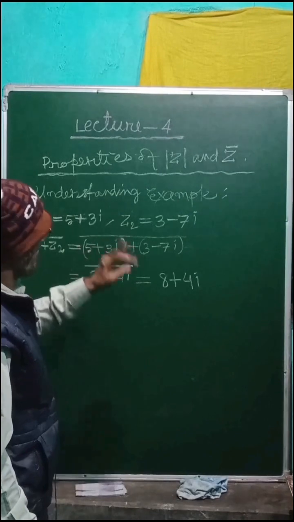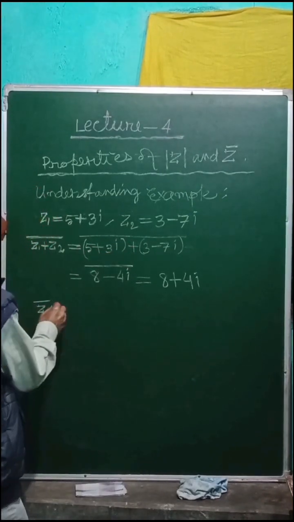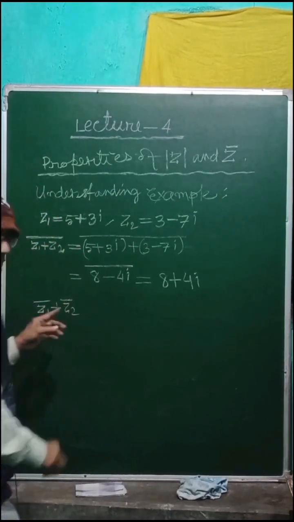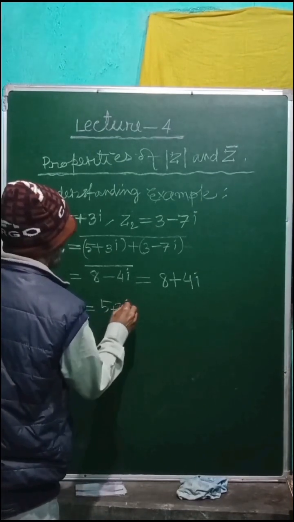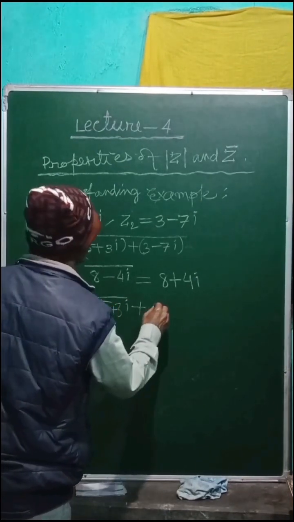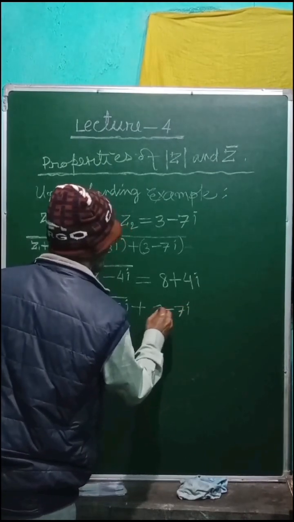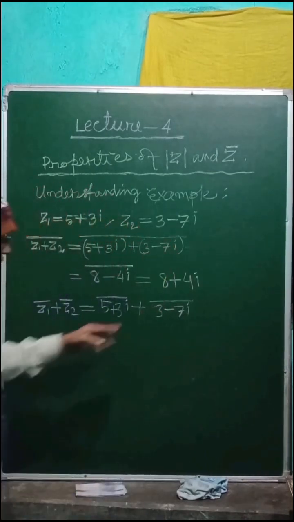Now let us see individually. Conjugate of z1 plus conjugate of z2 is equal to the conjugate of 5 plus 3 iota plus the conjugate of 3 minus 7 iota.